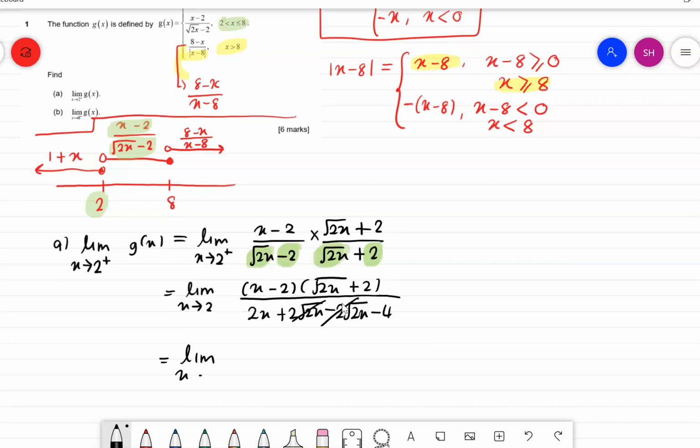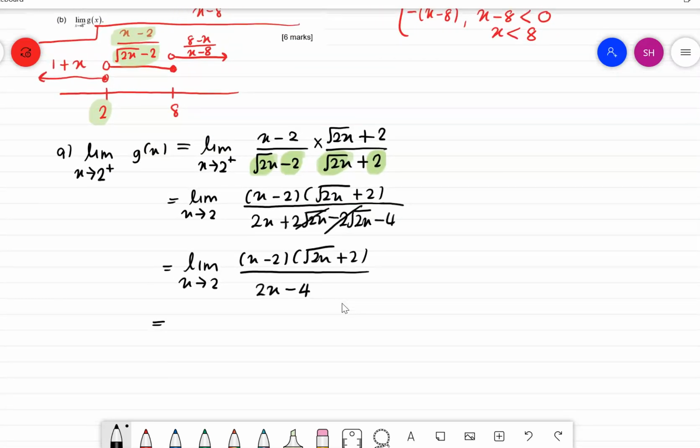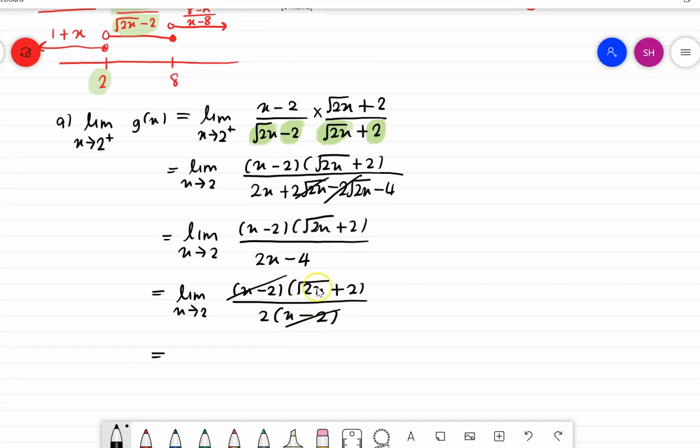Then you will get limit as x approaches 2 of x minus 2 times square root of x plus 2 over x minus 4. Then we need to factor the denominator so that we can cancel numerator and denominator. Factor out 2, you will get 2 times x minus 2. So we cancel, and then we substitute x with 2. The final answer will be 2.